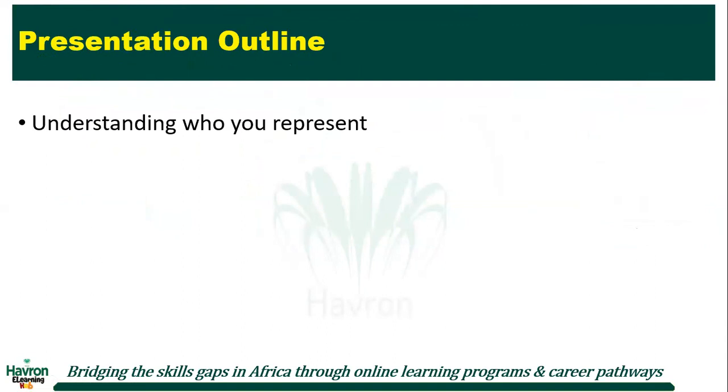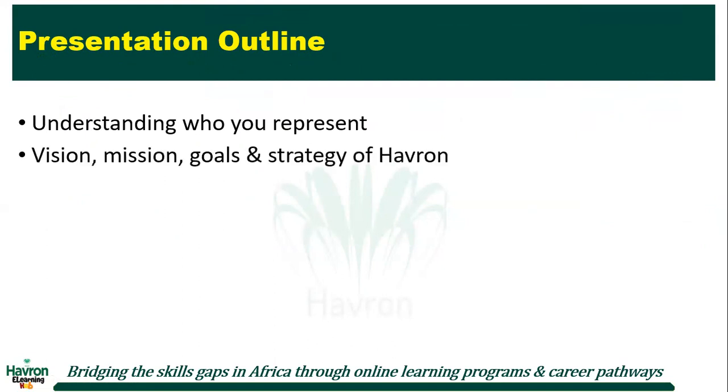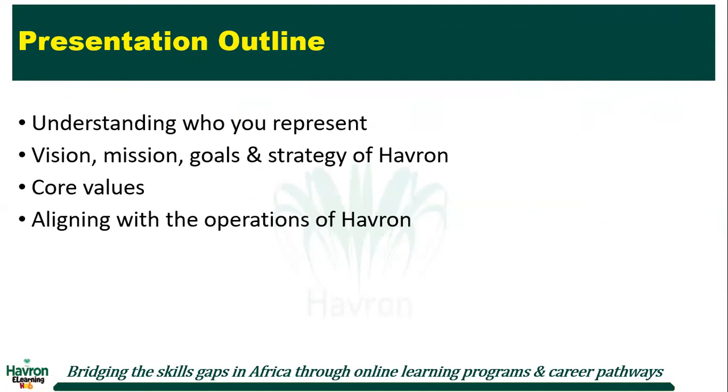We want to look at what it takes to be an ambassador, and that is understanding who you represent, as we know. Then we'll look at the mission, vision, goals, and strategy of Havron. We look at the core values of Havron as an organization. We look at how to align with the operations of Havron.